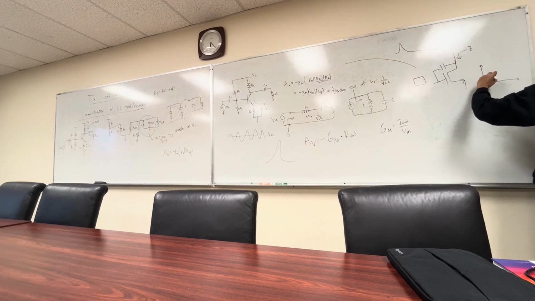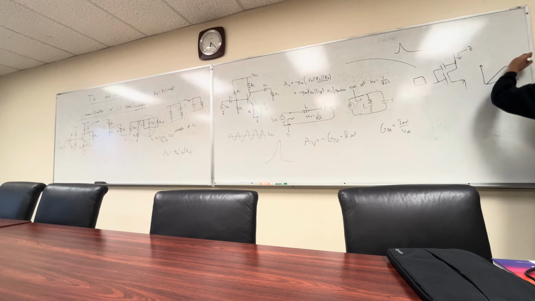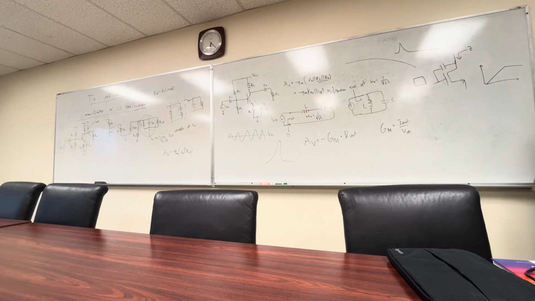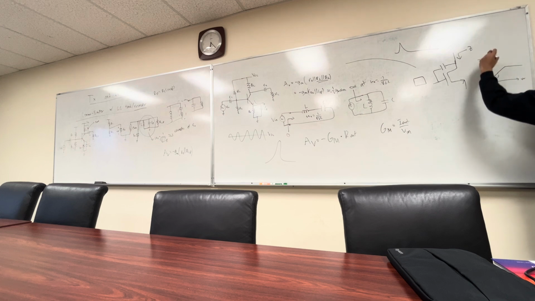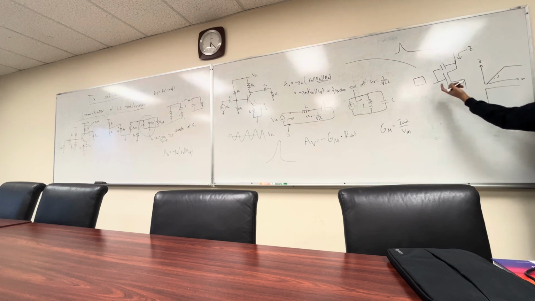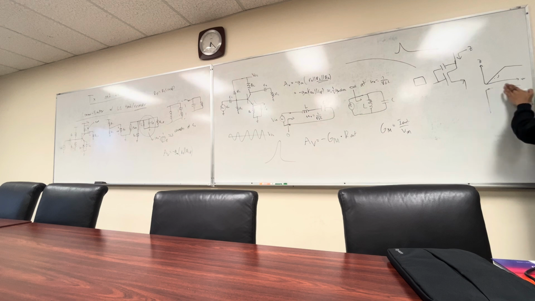You get a characteristic that increases like this, eventually flattens out, and it looks inductive here. Similarly, you can have some other topology where it looks capacitive, so it's going to go down. Something like this maybe, looks capacitive here.